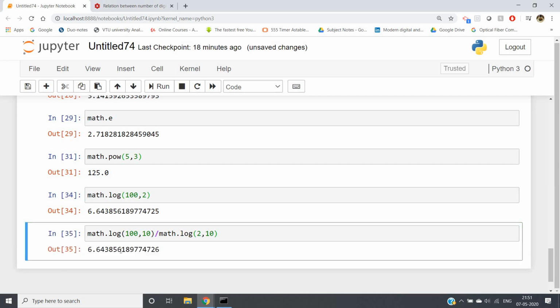If I run, I will be getting the same value. This is the change of base property of log, that is log b base a equals log b by log a, where for both the base is 10. Like that you can play with some mathematical formulas and verify.